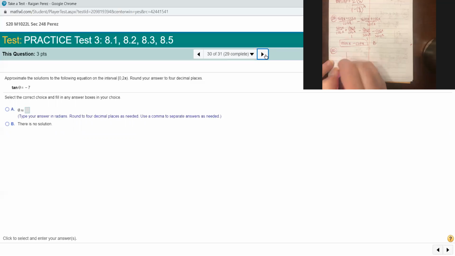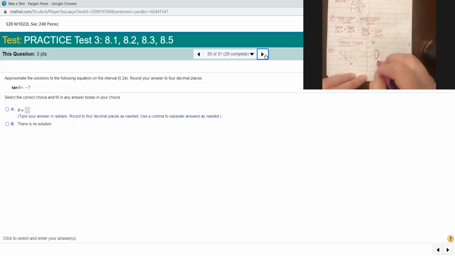Okay, so tangent is negative here and here. But remember when we do tangent inverse, tangent is defined right here in the second half.